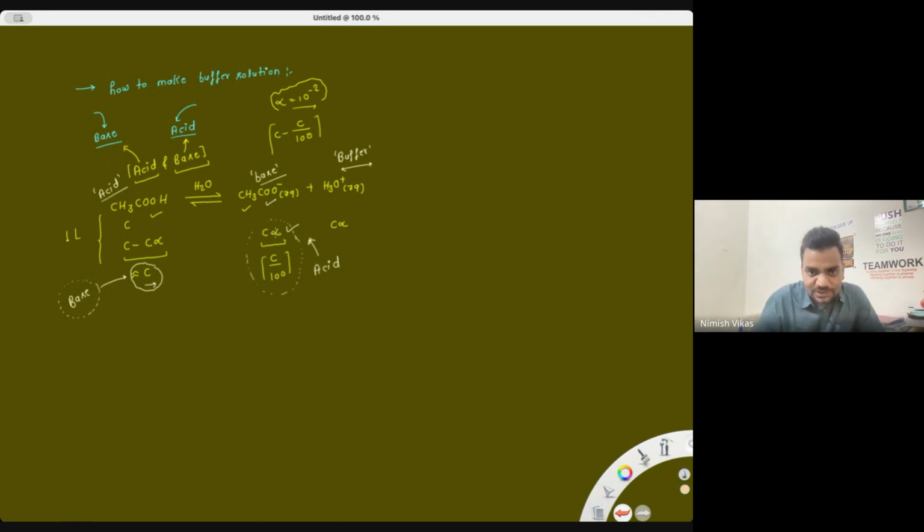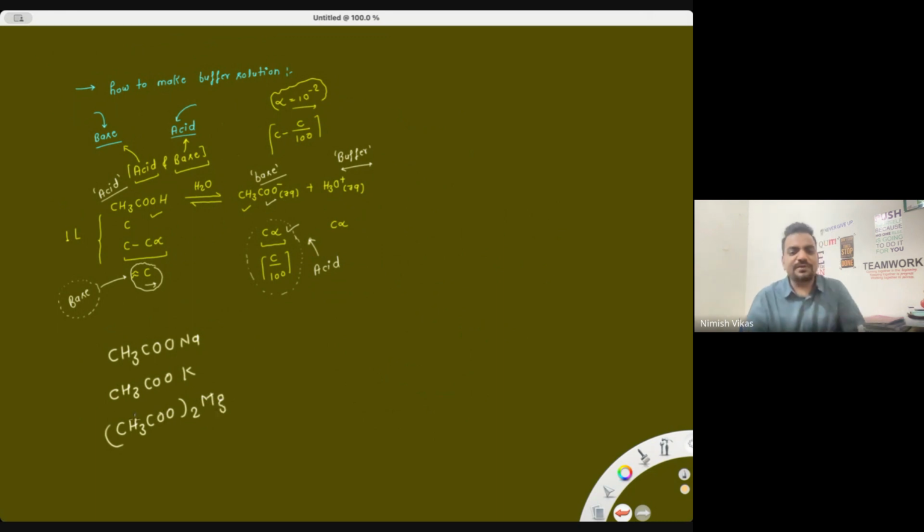So when you look for the sources of acetate ion, any strong electrolyte of acetate ion, those strong electrolytes are salts. So you can take sodium salt, potassium salt, magnesium salt, whichever you want. Any source of acetate ion we can take.